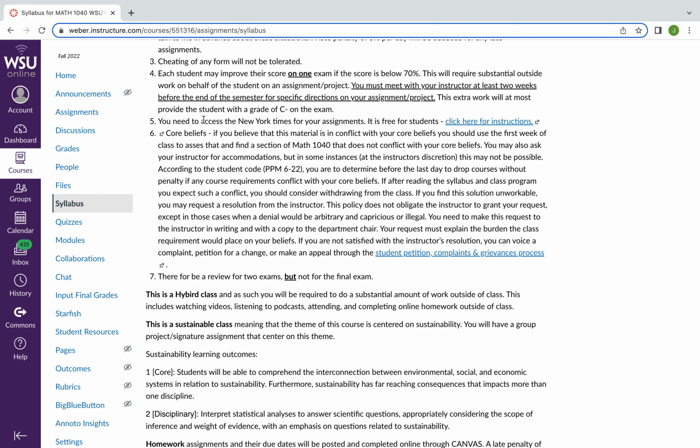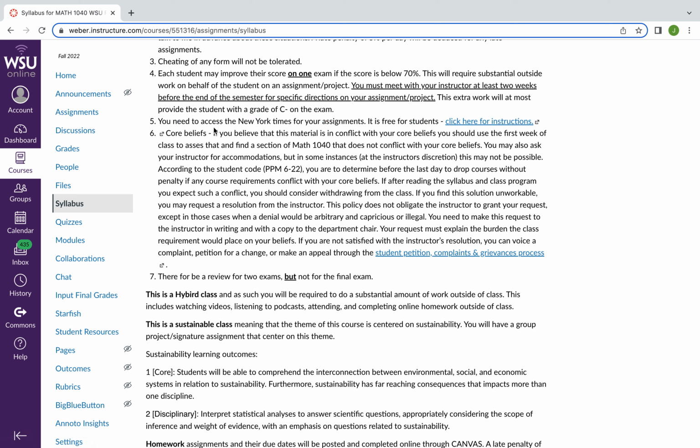For your projects, it may be necessary or very beneficial for you to access New York Times articles. It's free for each student, and you can click here to get your free subscription as a Weber State student. Okay.